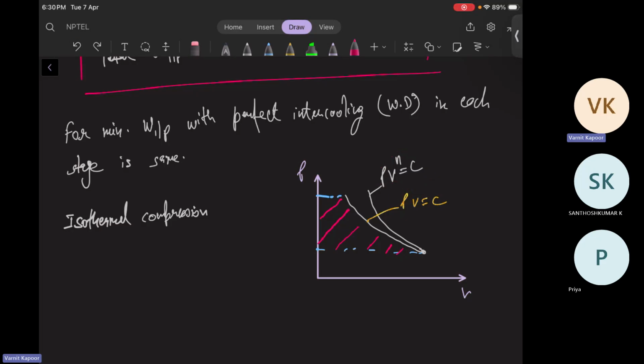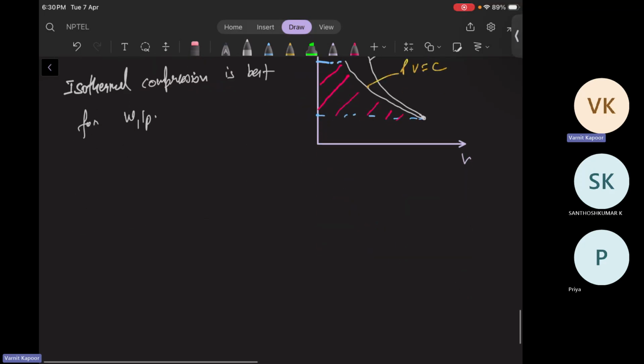The slope of the isothermal curve is lesser compared to that of the polytropic. That's why the area also comes out to be less. Therefore, isothermal compression is best for work input.